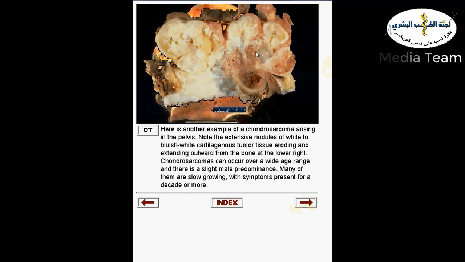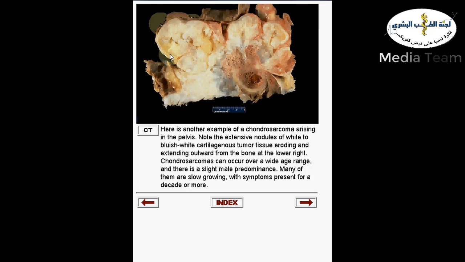This is another gross picture. Here, you can see the lobulation is appreciated in this tumor, the lobules of the chondrosarcoma. In addition, this gray material here is actually cartilage, malignant cartilage being deposited. It's eating the bone. It's obvious that this is a cartilaginous tumor. It's malignant. It's not benign. Why? Because it's destroying the bone, and it's involving the muscle.